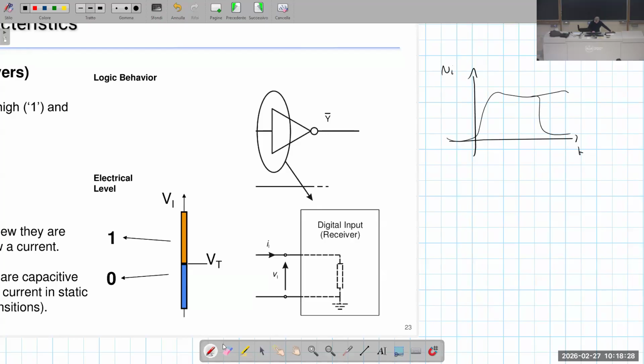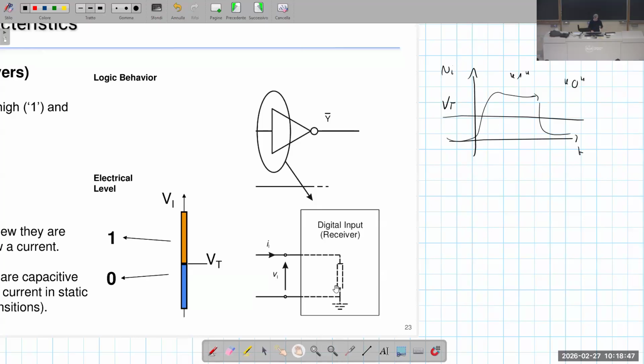We have a signal Vi, let's say, more or less a digital signal with two levels. This is considered as one if it is above a threshold. This is one, and it is considered a logic 0 if it is below a threshold.